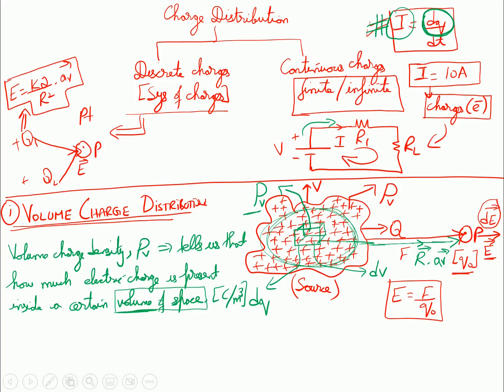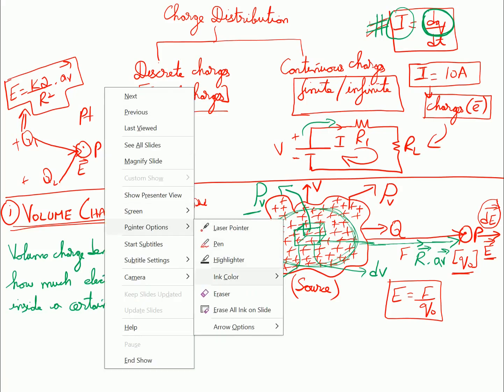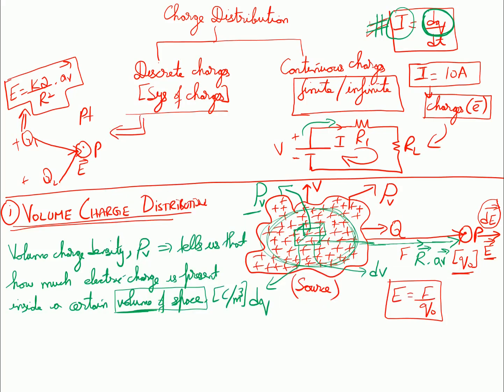Now let us say we want to write this mathematically, and we start with the effect of a smaller dq, or the smaller volume applied on this point, that is giving us a small electric field dE. So I can say that the small amount of charge delta Q is represented as the volume charge density multiplied by the small volume inside this space.